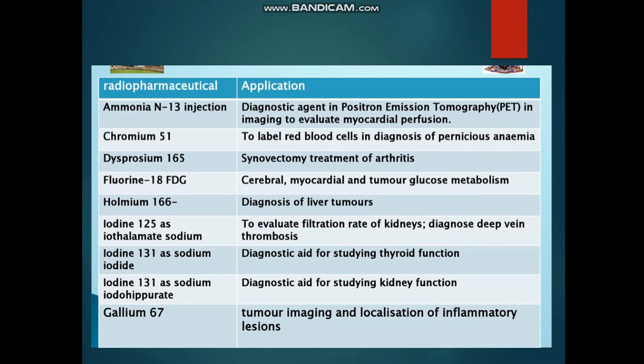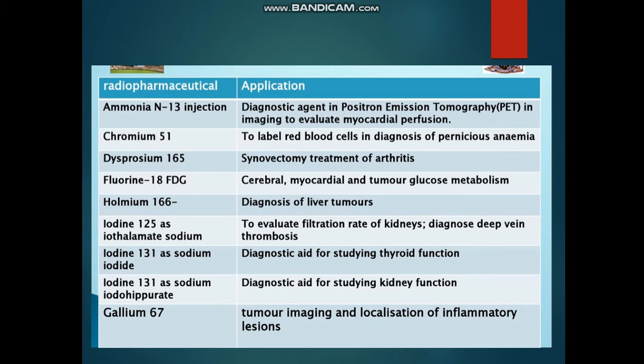In medicine, different radiopharmaceutical drugs are used. For example, ammonium is used for diagnosis of myocardial perfusion. Chromium is used to label red blood cells in diagnosis of anemia. Dysprosium is used for diagnosis of arthritis.